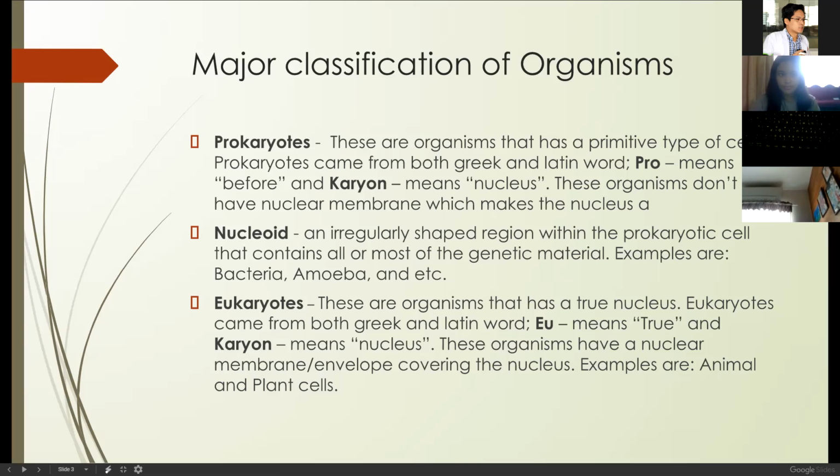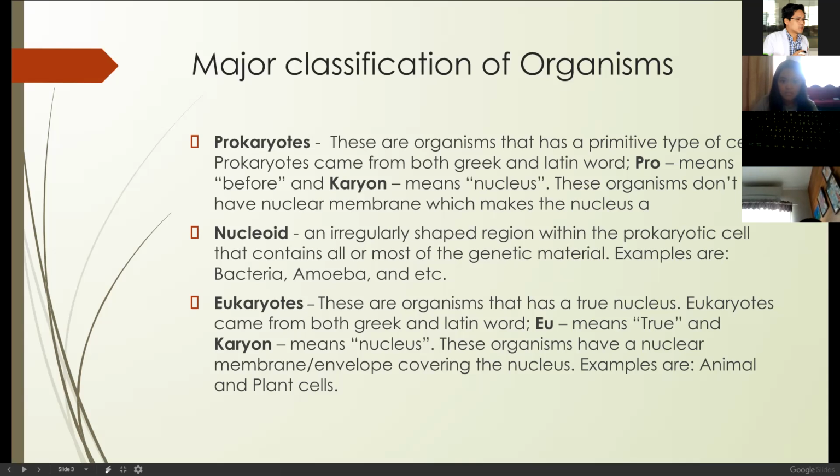By the way, are you familiar with nucleus? Are you familiar with nucleus? No. Okay, that's good. Again, when you're talking about prokaryotes, if you're going to look at them under the microscope, you cannot actually see a nuclear membrane or you cannot actually see a nucleus in them.